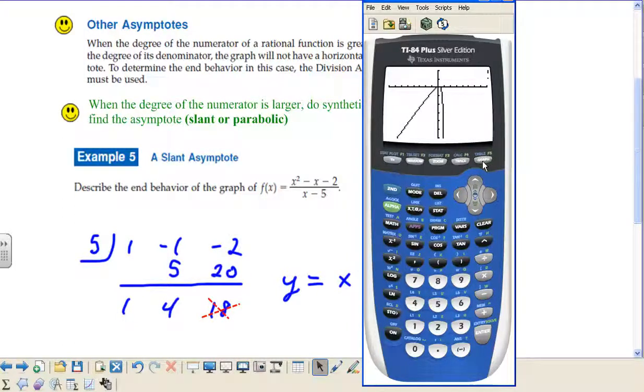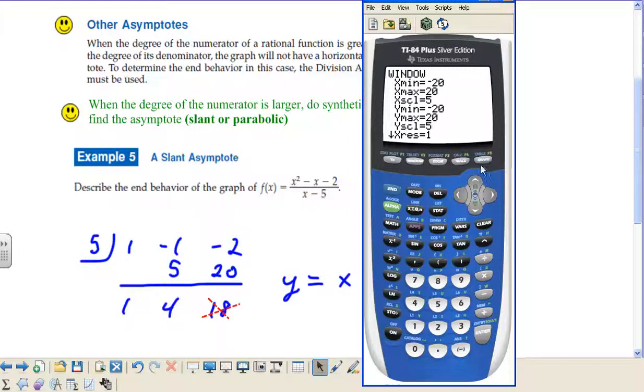Yes, I am. Let's go zoom 6 so we can look at the window to start with. And if you look at the window here, there's a part missing because this graph should also go up. So we're going to have to increase our window. So we'll go from, say, -20 to 20 for our x, and we'll try that with the y too to see what happens. And graph it.